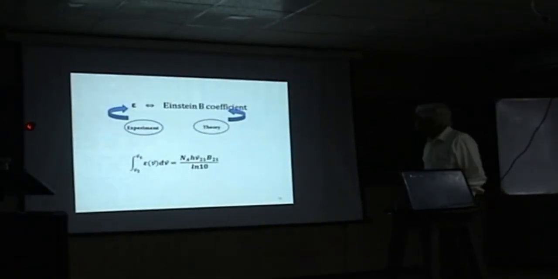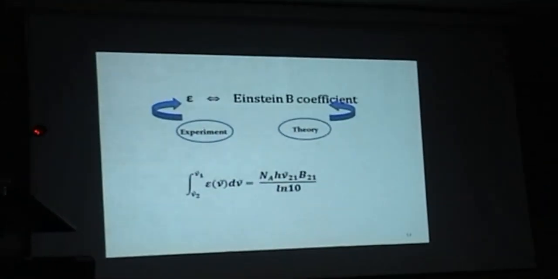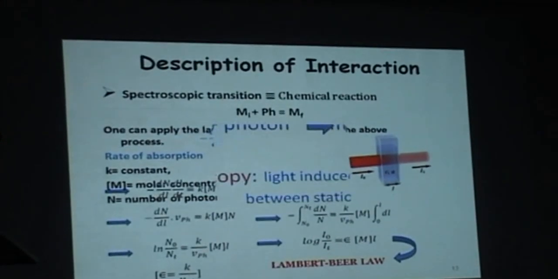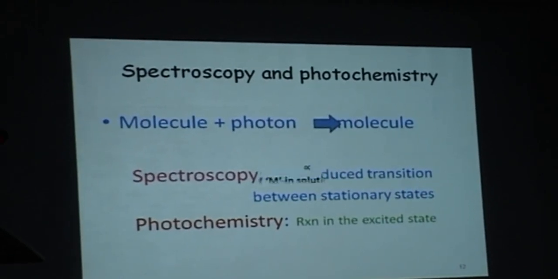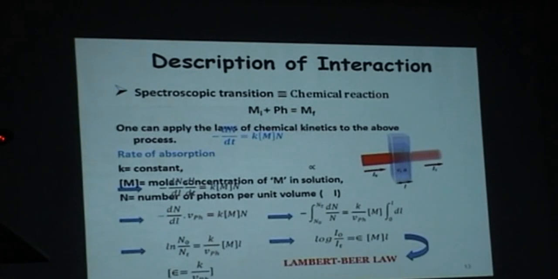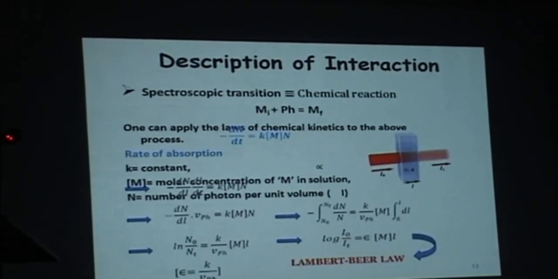Another interesting thing is that log I0 by I is not infinity, as you know, but here we have some k by t. This k is related to the coefficient actually.